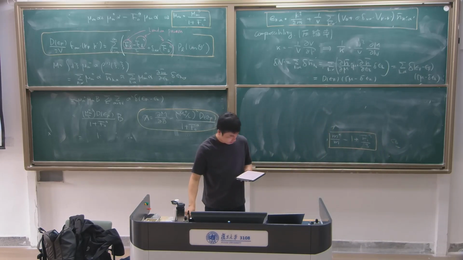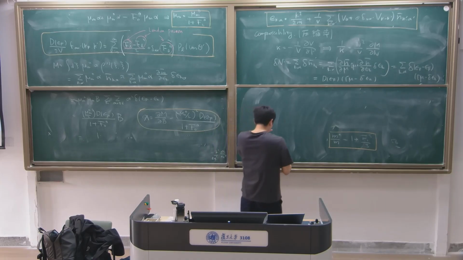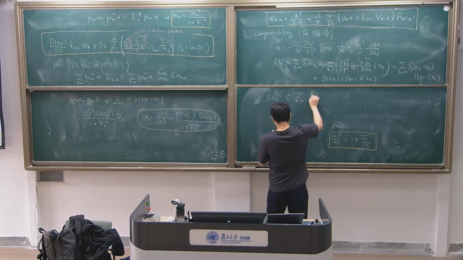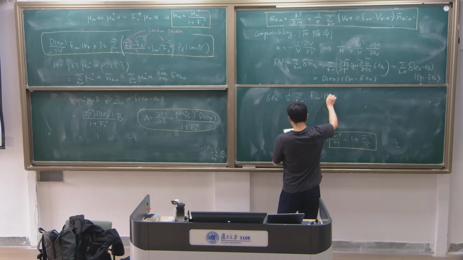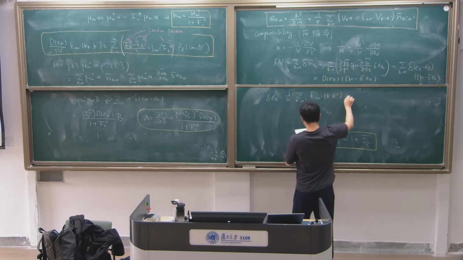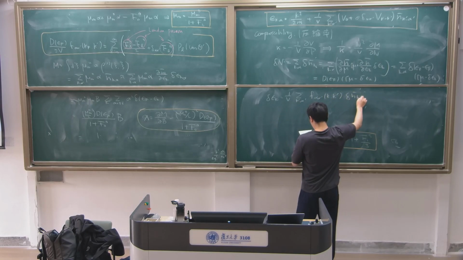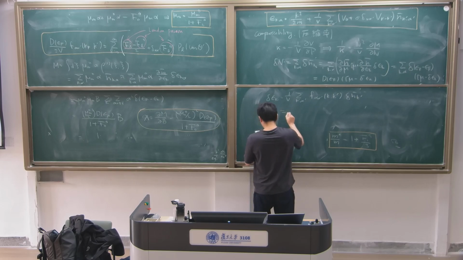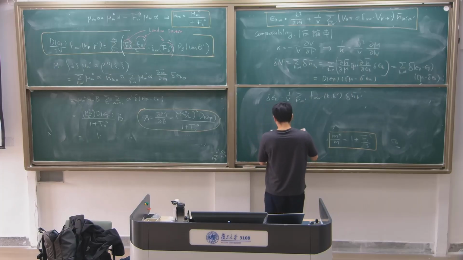So if you do that, del epsilon k is still sum over k prime, alpha prime, of k and k prime, del n bar. Then do the same exercise as before. What you get is the same answer as before.